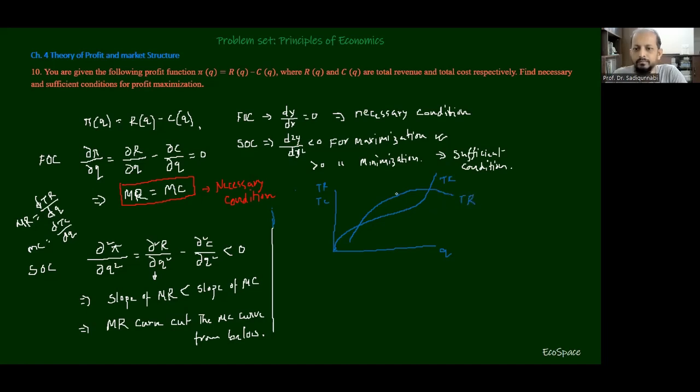And this is actually the break-even point. And this region is our profit region. So we need to find a Q star between these two points, Q1 and Q2. Q1 and Q2 are the break-even points.